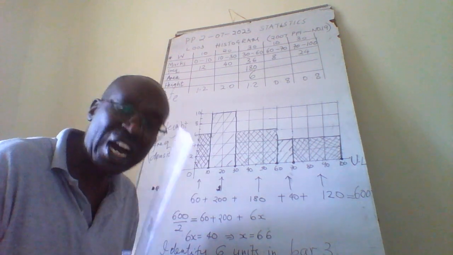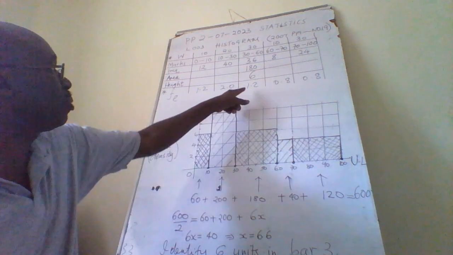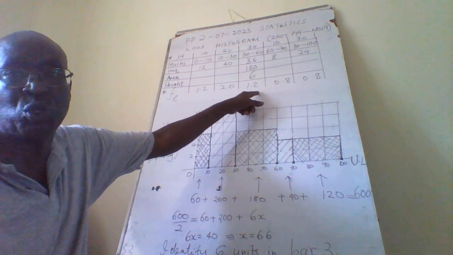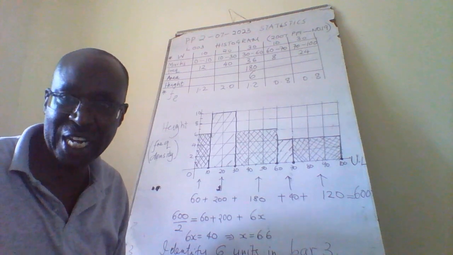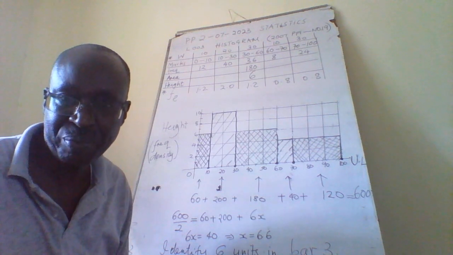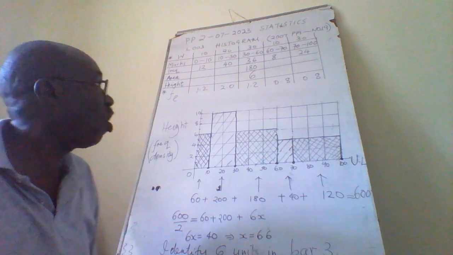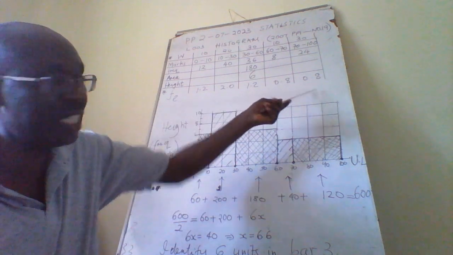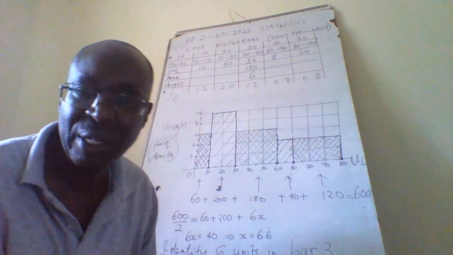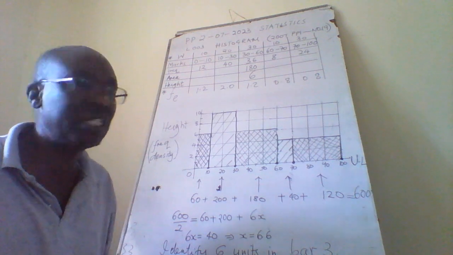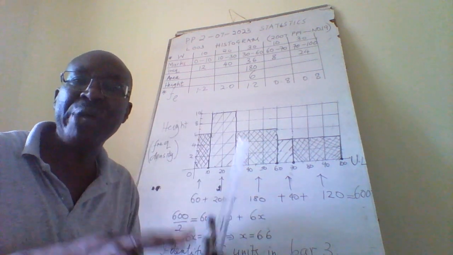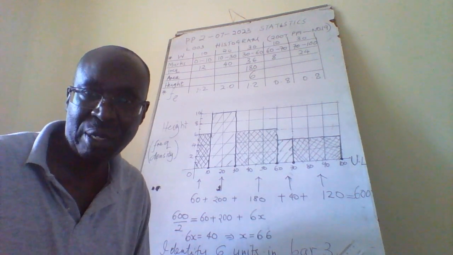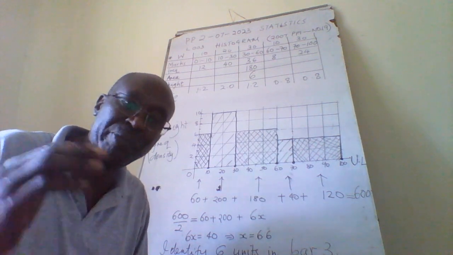So which factor has been multiplied by 1.2 to give you 6? You will quickly realize it is 5. In other words, all the frequency densities which happen to be in decimal, except for these two, can be made whole by multiplying by factor 5.